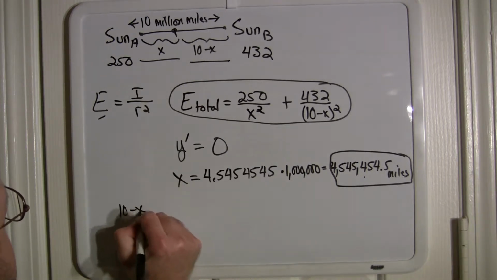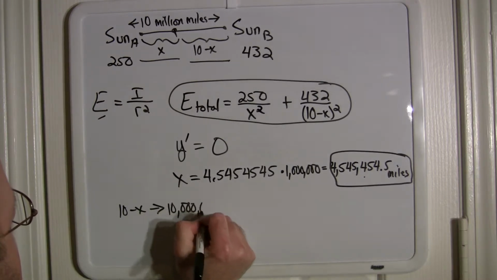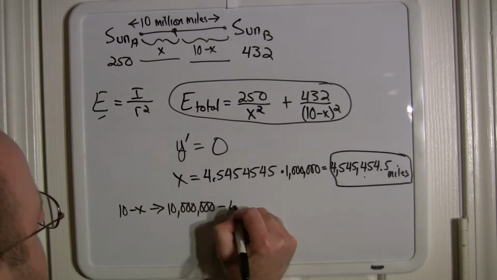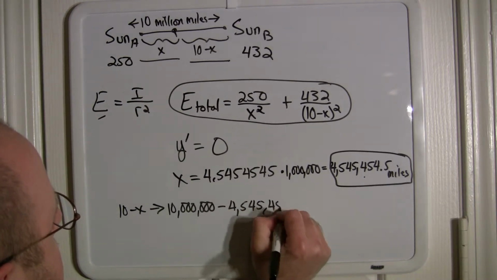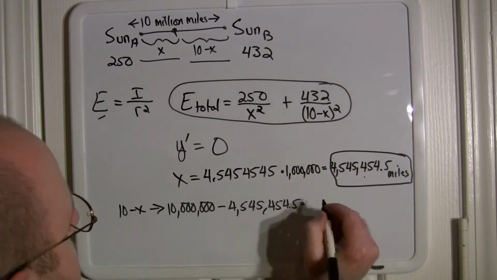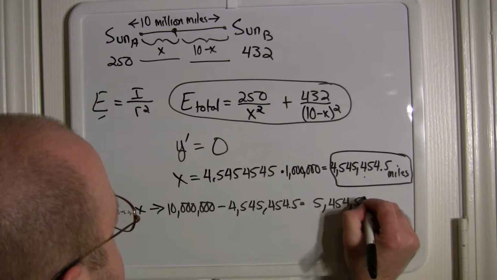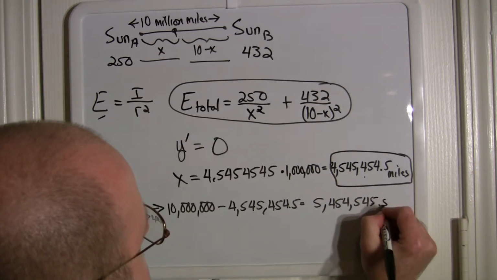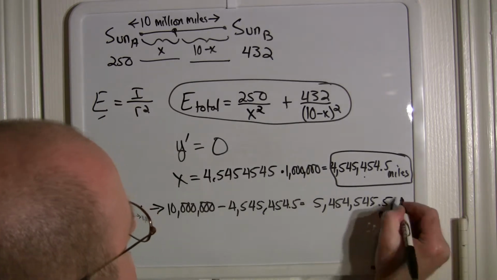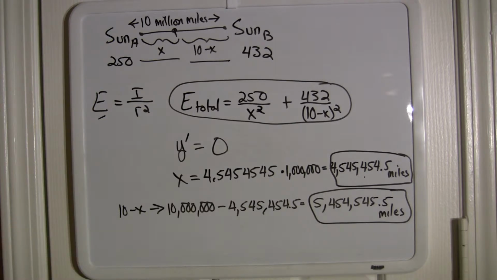So 10 minus x becomes 10 million minus our actual x, and we come up with 5,454,545.5 miles. There we go. We have found our solution, but we're not quite done yet, as we still need to prove that this is correct.